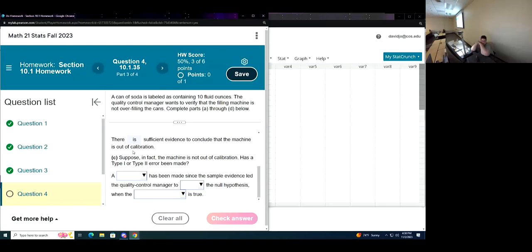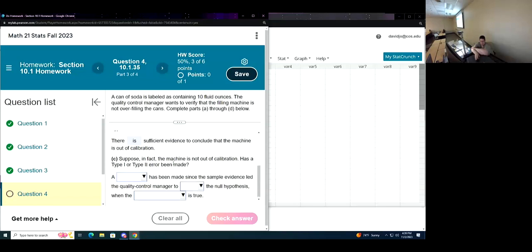Suppose, in fact, the machine is not out of calibration. Has a type 1 error or type 2 error been made? So type 1 error is when we reject H0 and we shouldn't have. It's like convicting an innocent person.